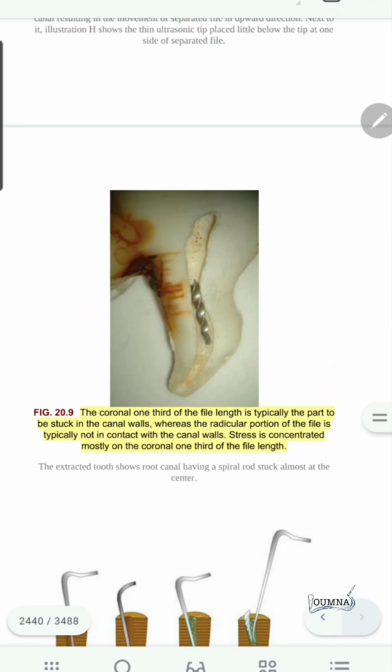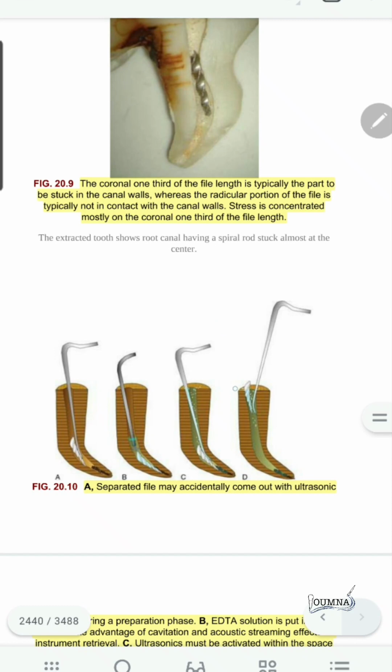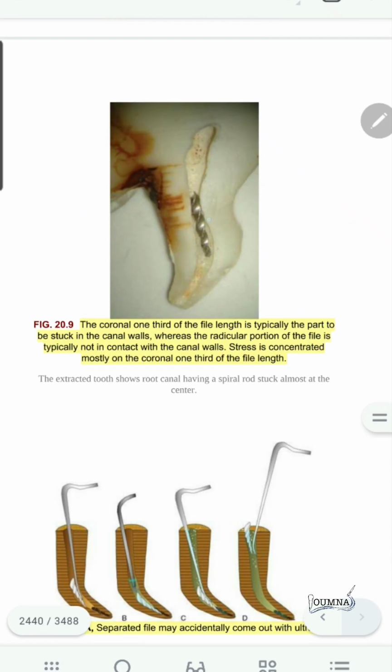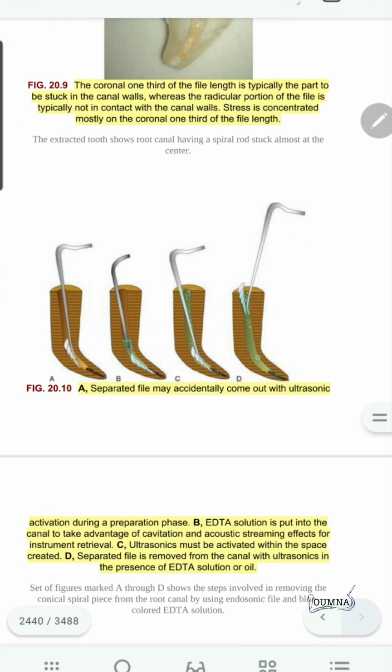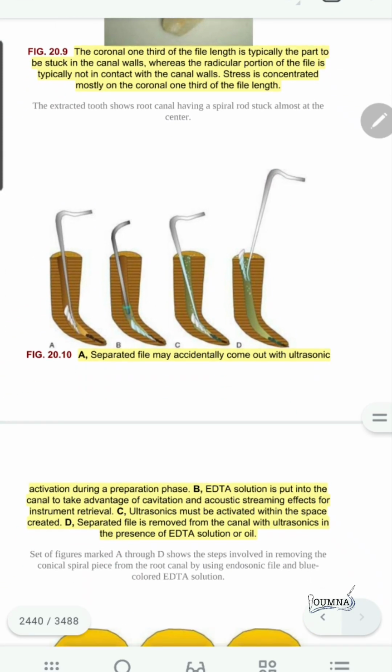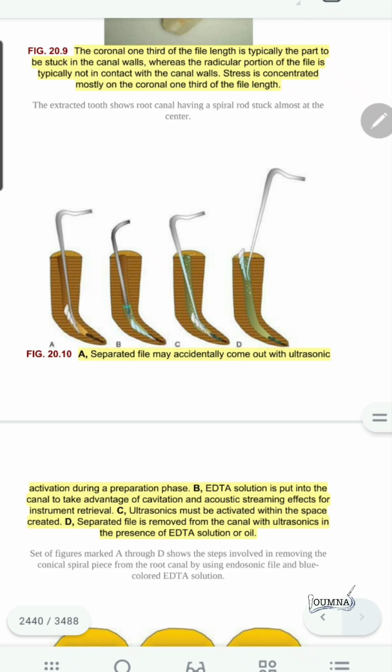After we do the mechanical preparation with the ultrasonic tips, if it did not come out by the ultrasonic strokes, it can come out by activation, by filling the canal with a irrigant solution, and taking advantage of the cavitation and the acoustic streaming effects for instrument retrieval.